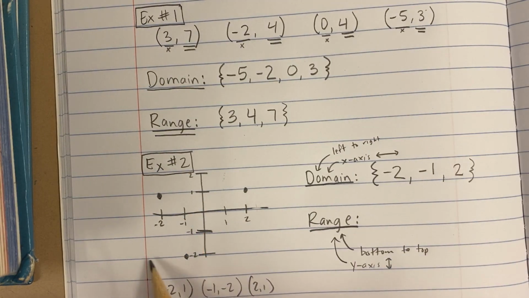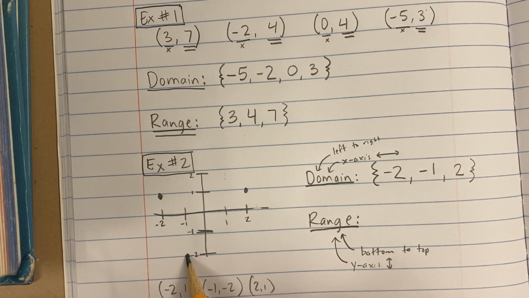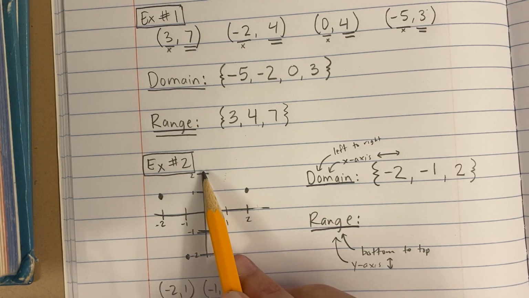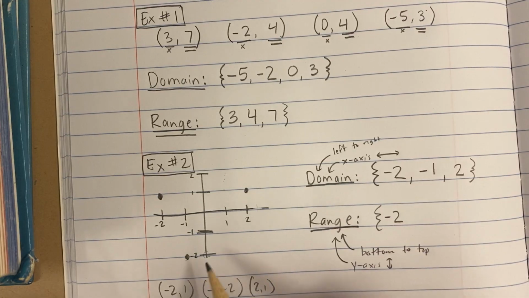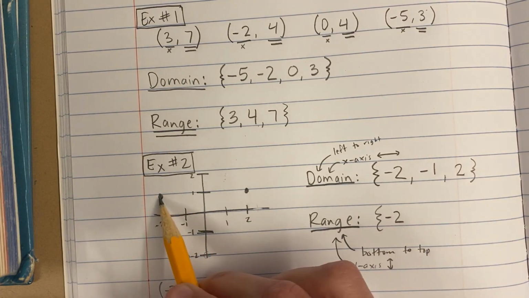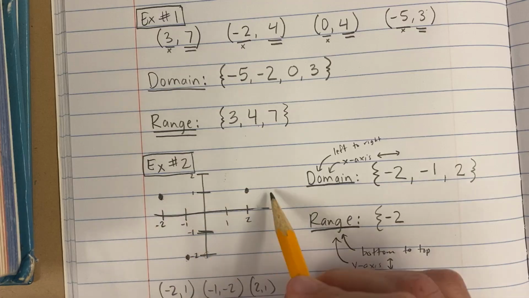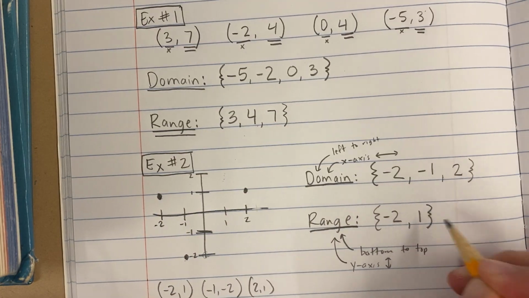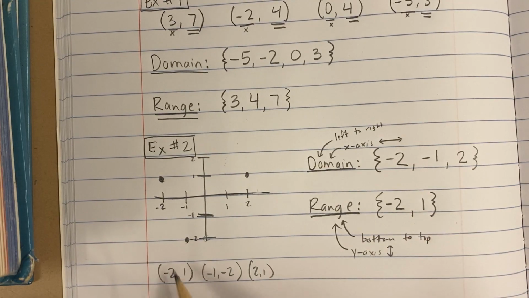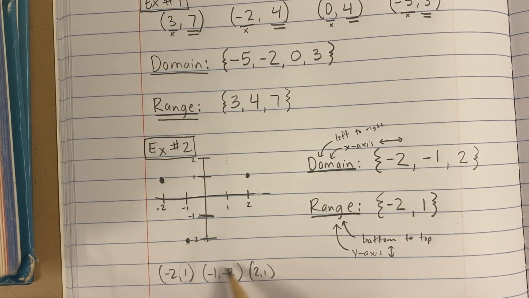So for example, I would start here at the bottom, and if I want the y value of this point, I would say, okay, where does it hit the y-axis? Here's the y-axis. Oh, it hits at -2. And I would go up, and I see that these points actually have the same y value, and they're both at a y value of 1. So in this case, my range would just be these two values. And notice that I would have gotten the same thing had I looked at these points. My y values are here, and I would have listed them with no repeats.